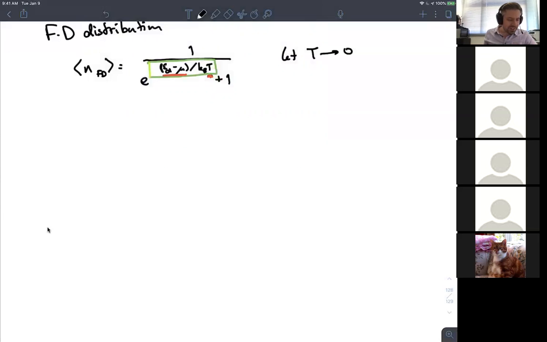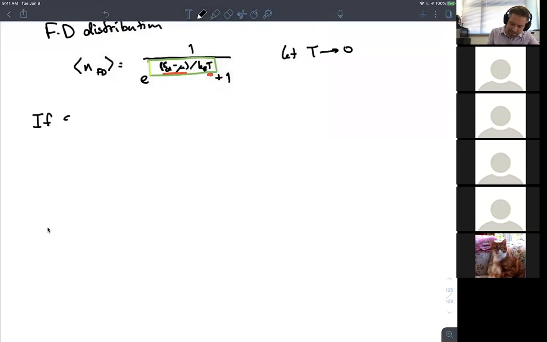Okay, so first of all, let's talk about some limits of this. If epsilon alpha is less than the chemical potential, then epsilon alpha minus mu is negative. It's less than 0. So if we're talking about energy levels that are less than the chemical potential, then the exponent is negative.